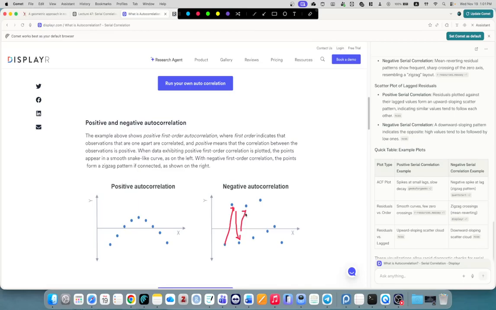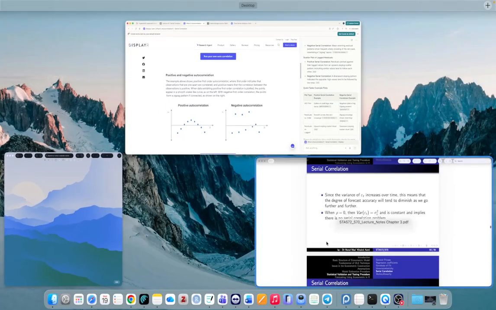So this is an example of negative autocorrelation. We plot the residuals, the error terms, e_t, across time.